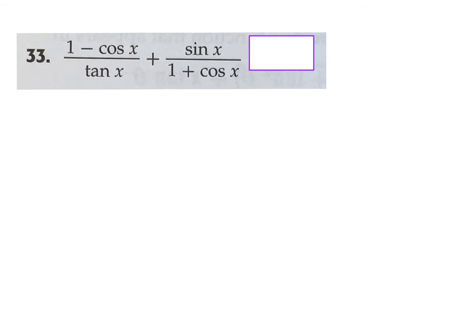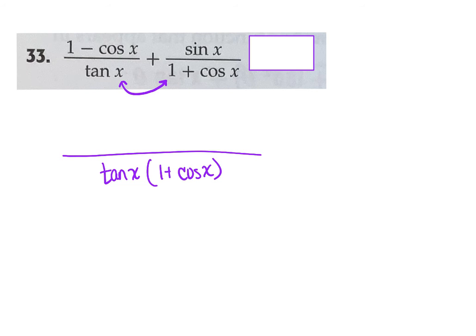Okay, this is identical to the last one that we did, where your common denominator is just going to be these two multiplied. So my common denominator is going to be tangent x times 1 plus cosine x, right? And then my numerator is going to just multiply across.